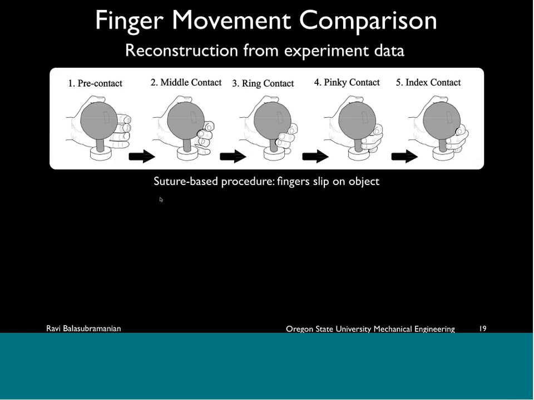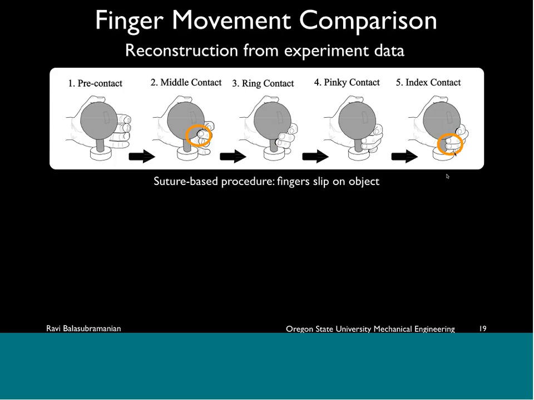So in the suture-based procedure, in this particular trial, we know it was the middle finger that made contact, okay, and then the ring finger made contact. But what is happening is that during the grafting process, the middle finger is forced to slide on the object and go from the sphere to the neck region.